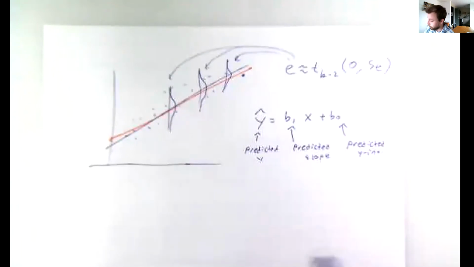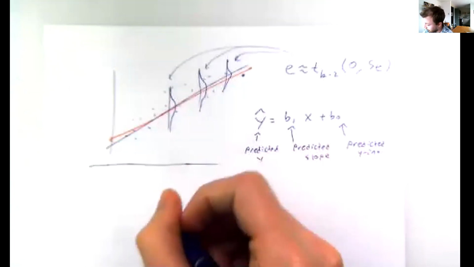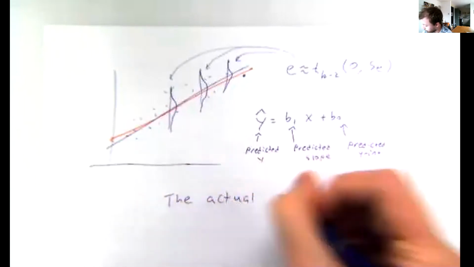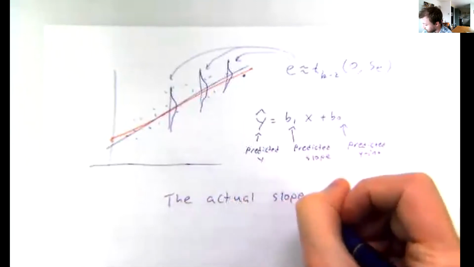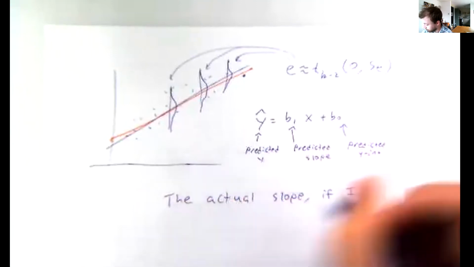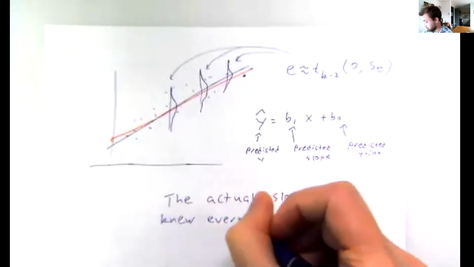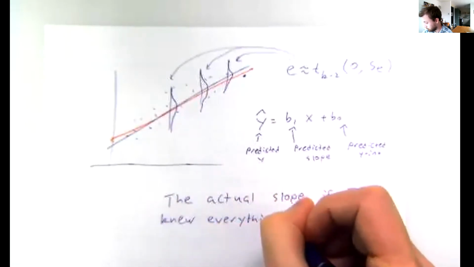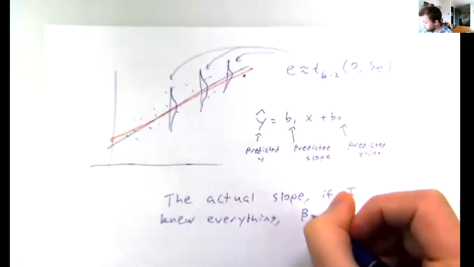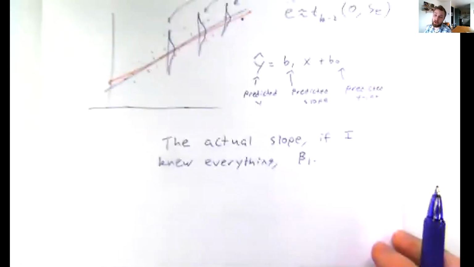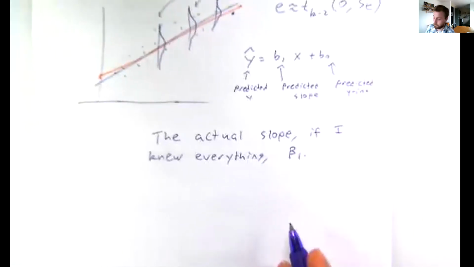Should I have complete information, then the actual slope, if I knew everything, I'm going to call capital B1, I'm going to call it beta 1.